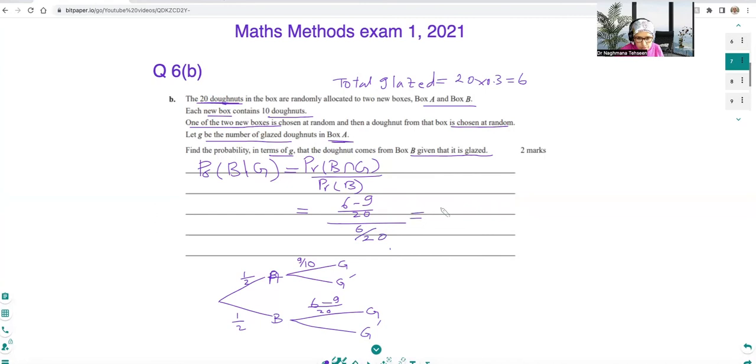And that will give me (6 minus G) over 6, which gives me the probability 1 minus G over 6. So that should be our answer in terms of G.